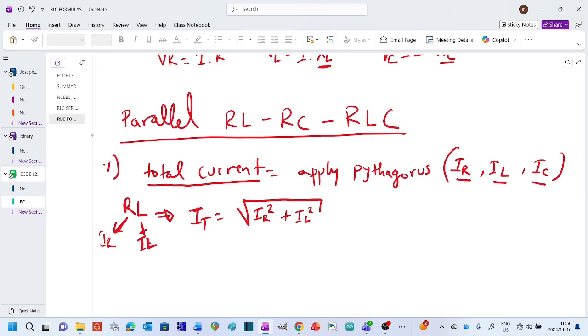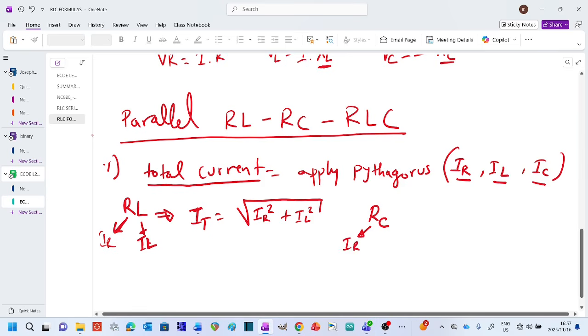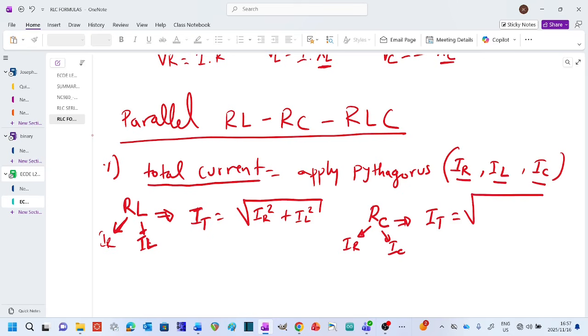But in the circumstance where they ask you to calculate it in an RC circuit, first you must determine your IR, then you've determined your IC, and then you can calculate your total current by saying square root of IR squared plus IC squared.